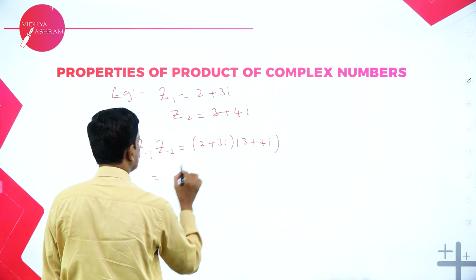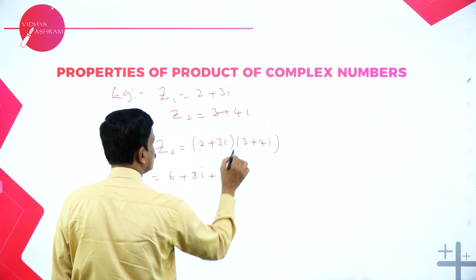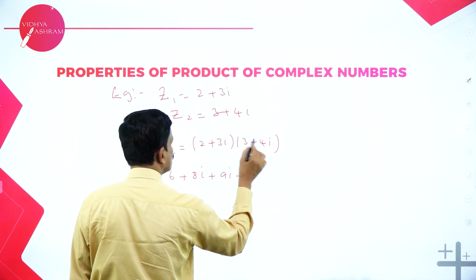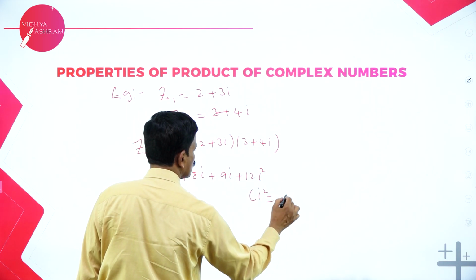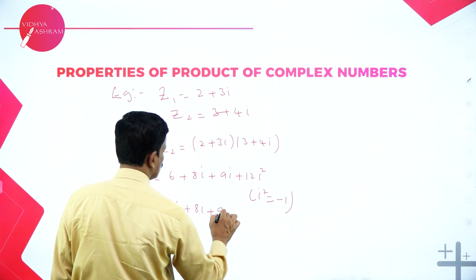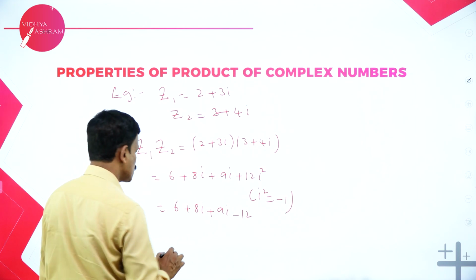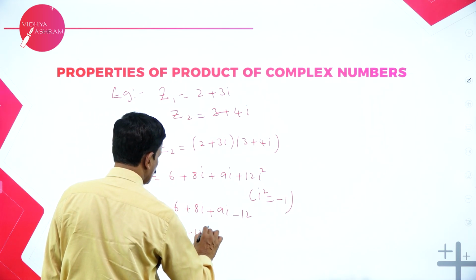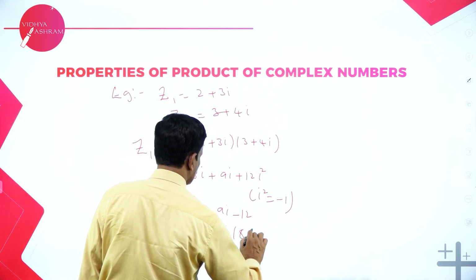So just multiply: 2 into 3 is 6, again 2 into 4 is 8i, again 3 times 3 is 9i, plus 3 times 4 is 12, i into i is i square. Since i square is equal to minus 1, this is 6 plus 8i plus 9i, and i square is minus 1, so this becomes minus 12. Make a group of real parts, 6 minus 12, and i common factor 8 plus 9.